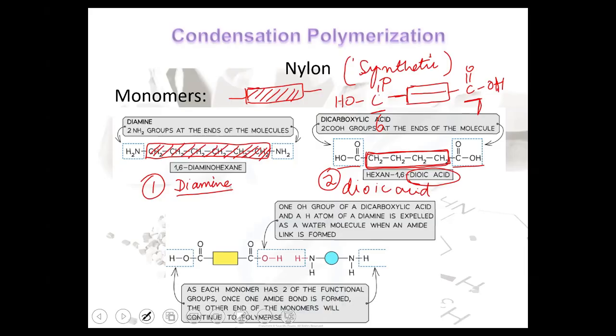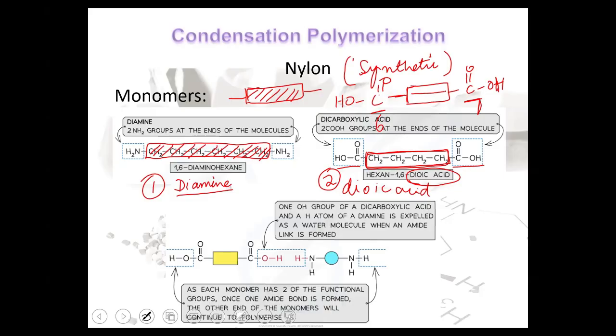A dioic is one which has carboxylic acid on both ends, and diamine is one which has amine group on both ends. Now what happens? How do they combine? What do they make? Let's look at the formation. The carboxylic acid side, as it was giving an ester bond also, if you remember, ester bond was also using dioic.